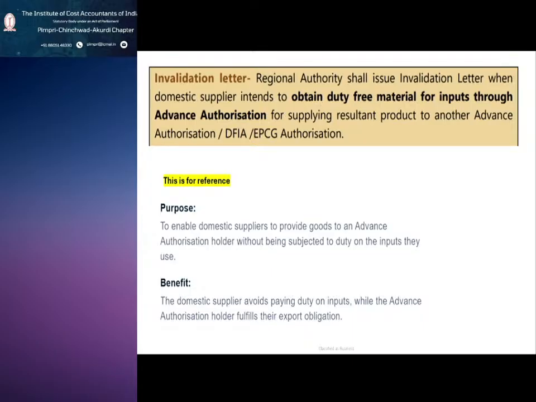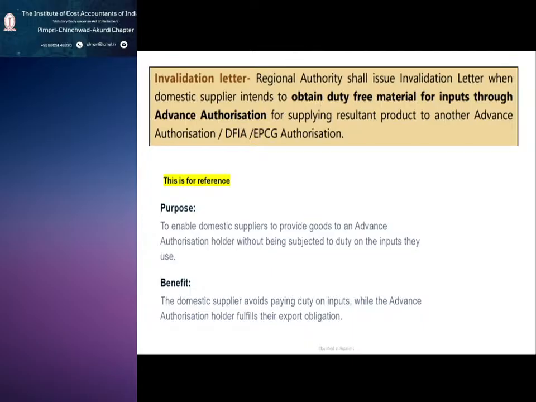I have imported a few of the materials I have mentioned, and a few are yet to be done. But instead of going and importing the raw materials, I approach the domestic supplier. The domestic supplier will be in the middle, and I will apply for the invalidation letter for the domestic supplier.